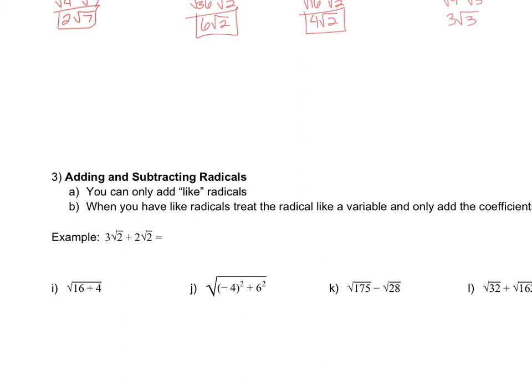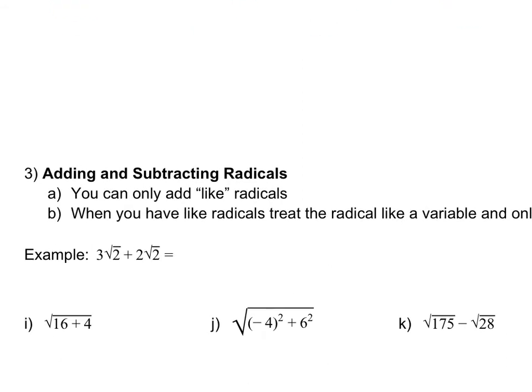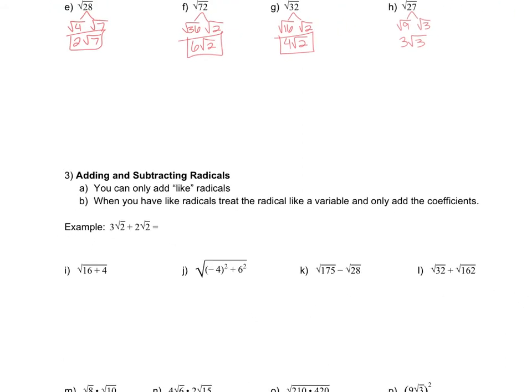So now let's talk about adding and subtracting. Whenever you're doing this, you can only add and subtract like radicals, so they have to be like the same square root. When you have like radicals, treat the radical like a variable and only add the coefficients, which is the number in front of the square root.